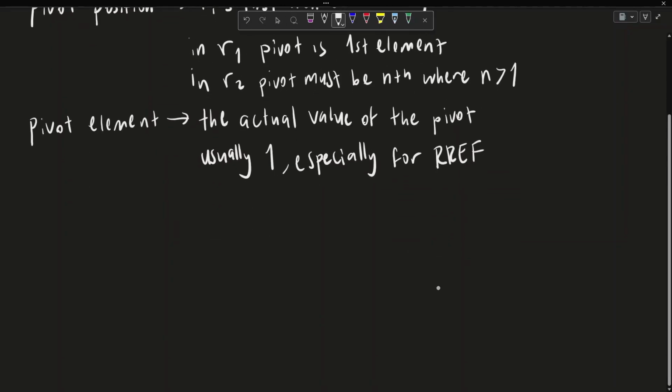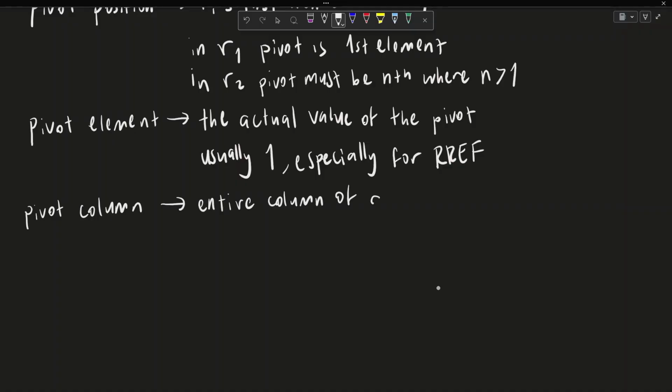Finally, we have the pivot column. So the pivot column represents the entire column where any given pivot is. Now this is important because each pivot column is linearly independent.